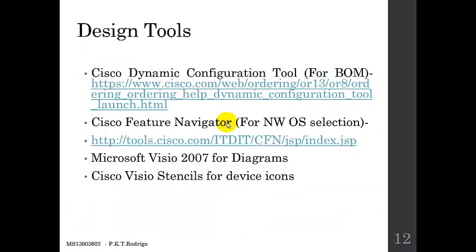Now we are moving to the design tools we have used in this design part: Cisco Dynamic Configuration Tool, the Cisco Feature Navigator tool, Microsoft Visio 2007 for diagrams, and Visio stencils for device icons to draw the design.